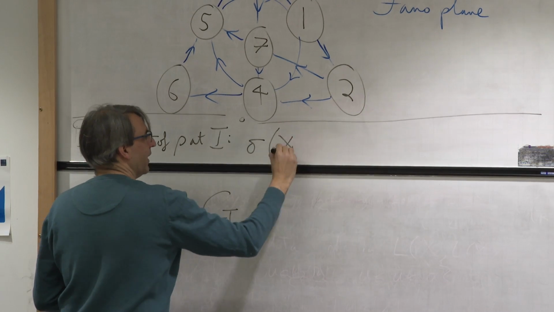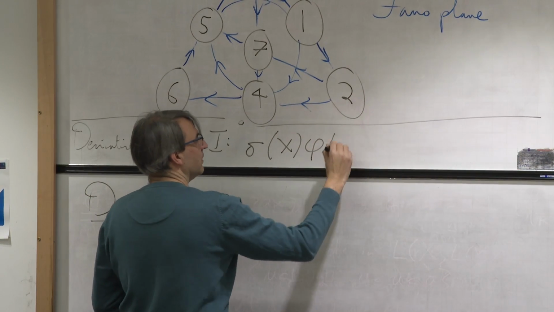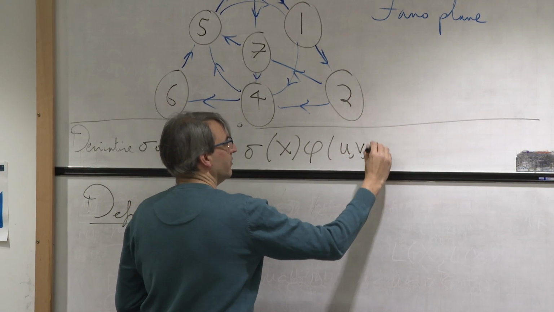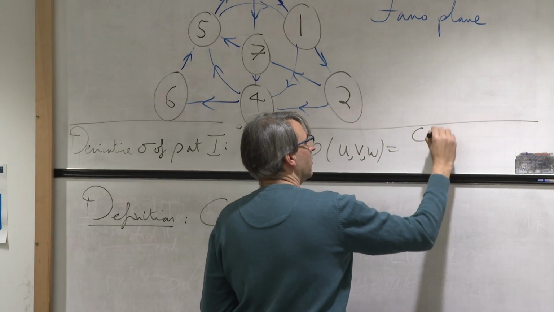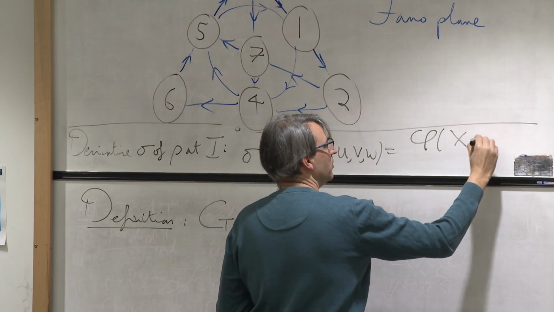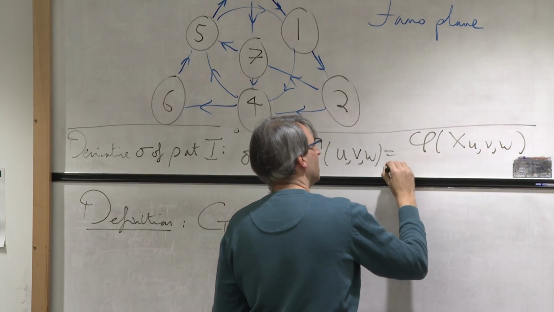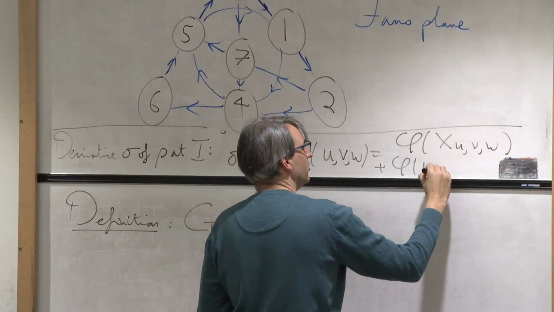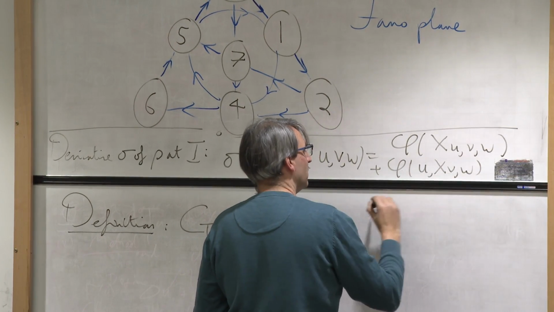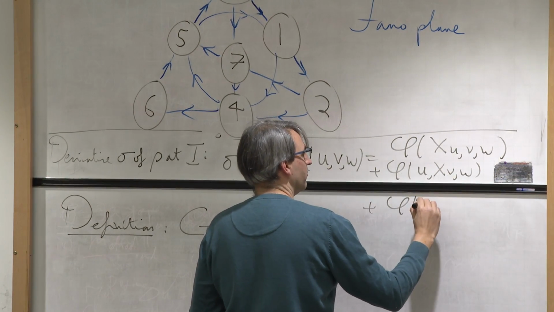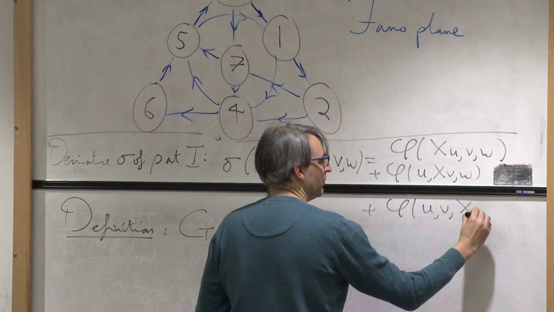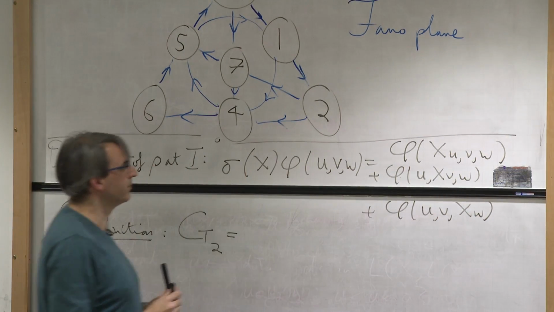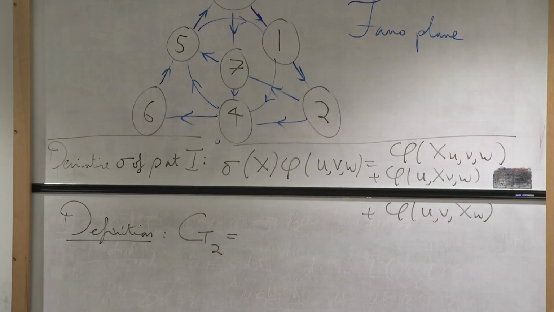So sigma of X of phi acting on u, v, w is phi of Xu, v, w plus phi of u, Xv, w plus phi of u, v, Xw.